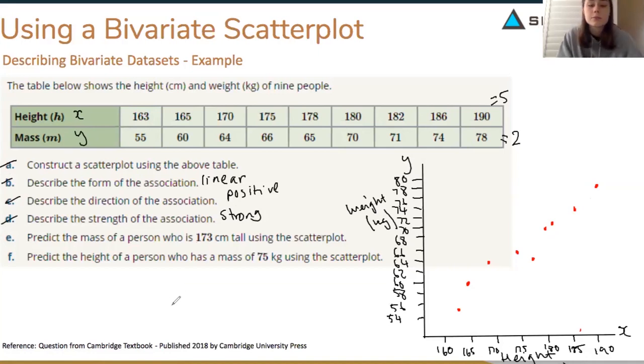E, predict the mass of a person who is 173 centimeters tall using the scatter plot. So I have to go to height. I go across to 173, which might be back here. I need to draw in a line first. Let's go like that.